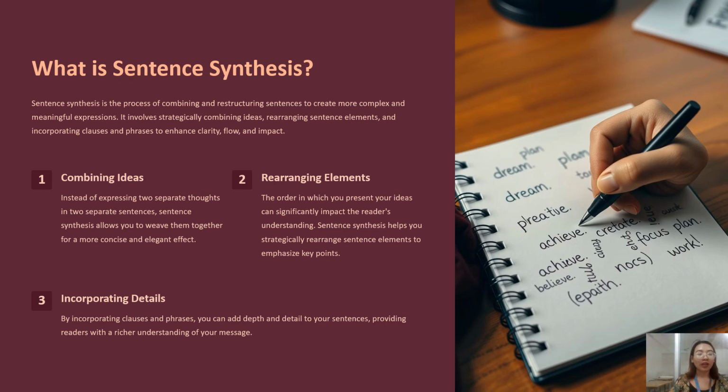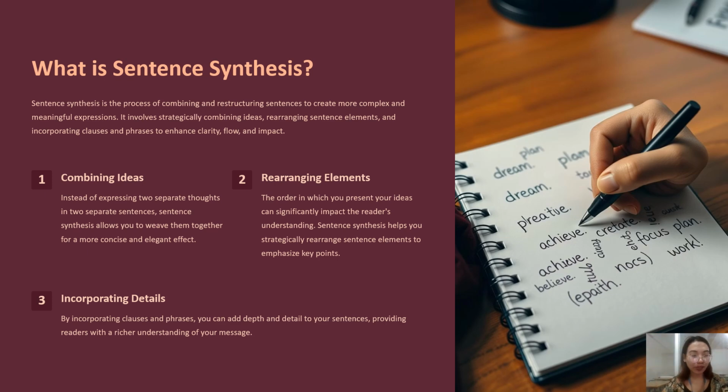So how do we incorporate details? Point number 1, we need to add adjectives and adverbs. Include descriptive words in order to provide more information. For example, the original sentence will be, she wore a dress. To make it detailed, we will write, she wore a beautiful flowing red dress.